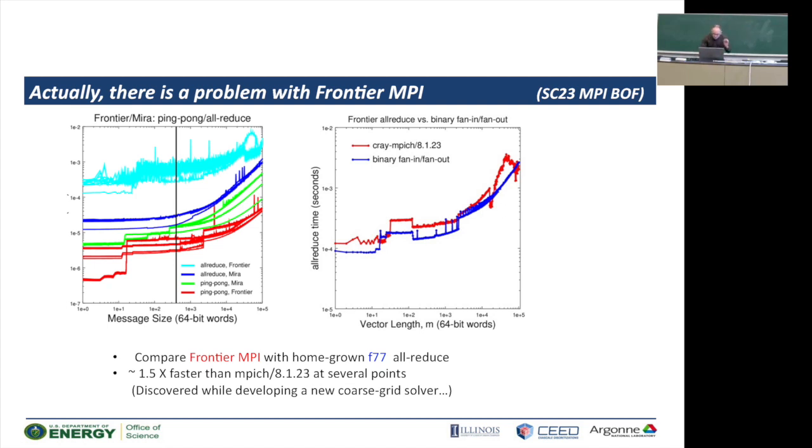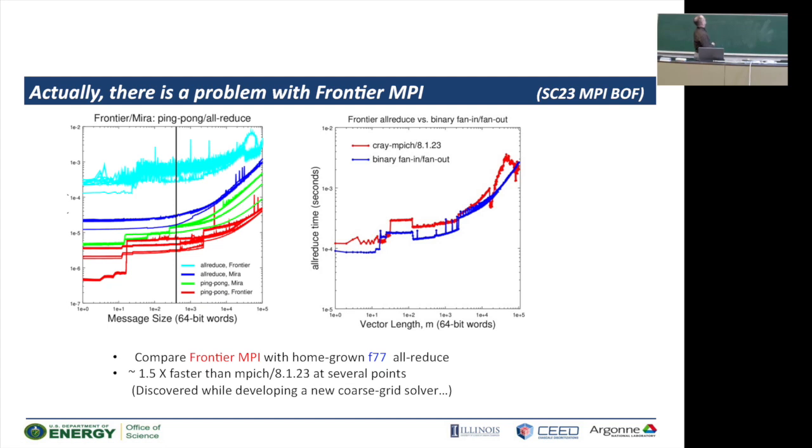Okay? It's really critical. We discovered while developing a fast coarse grid solver, and we'll talk about that tomorrow, that our fast coarse grid solver was as fast as all reduce on Frontier. How's that possible? Because it's also an all-to-all. I just pulled out some F77 code that I've had since 1986 or 88, which actually originated with Intel, and boom, it was faster than the MPI.